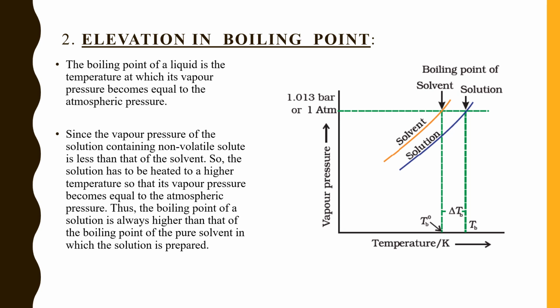Since the solute is non-volatile, the vapor pressure of the solute is less as compared to the solvent. And as the vapor pressure is less, the vapor pressure of the solution also gets decreased. So to increase the vapor pressure of the solution up to atmospheric pressure, we have to heat it, we have to provide temperature to the solution.